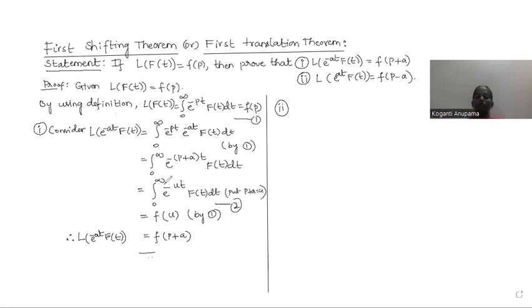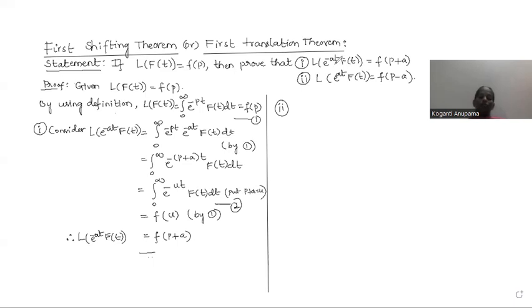Then in place of p, we have u. So, if we have p, then it is represented by F of p. Here we have u, so it is represented by F of u. And we assumed u as p plus a, so we replace u with p plus a. Then what we obtain finally, the Laplace transform of e power minus at f of t equals F of p plus a. That's our requirement.